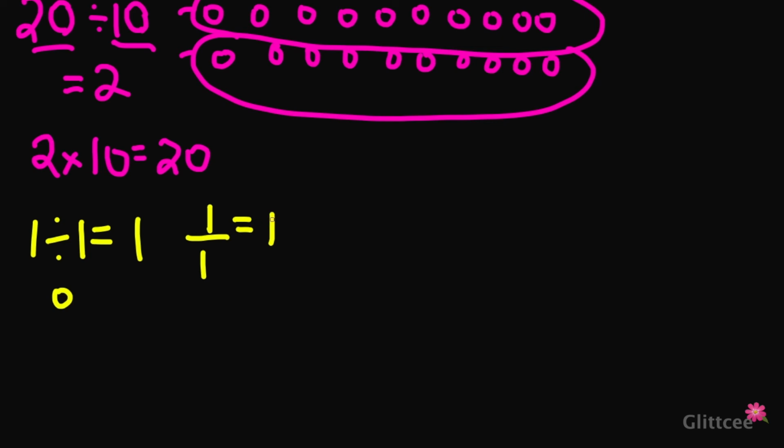All right? What if I had, let's try, 1 divided by 0. 1 divided by 0, or it's also written like this.